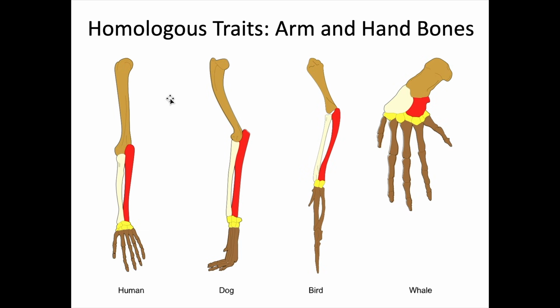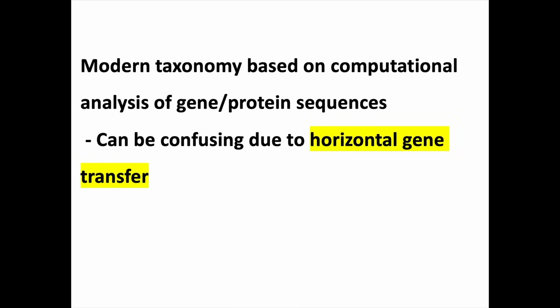Vertical gene transfer from ancestors to descendants. But what can also happen is horizontal gene transfer. The key terms define horizontal gene transfer as the transfer of genes between unrelated species.